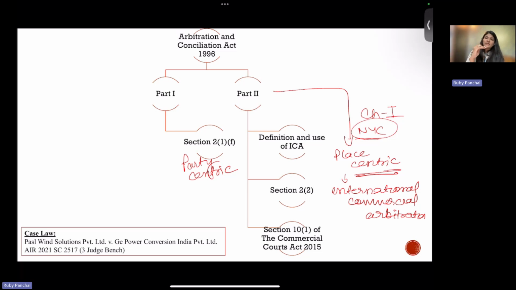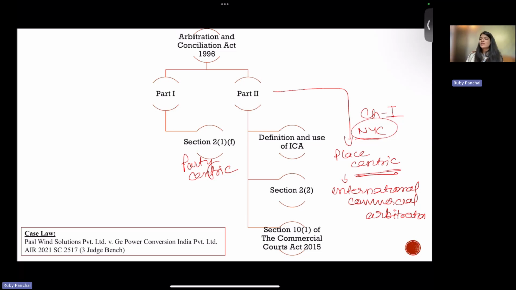Now, another thing that we identified was there is no phrase international commercial arbitration used in this Part 2. Essentially, the only phrase used is arbitration. And that arbitration, as the Supreme Court first noticed, should be from a place-centric view.